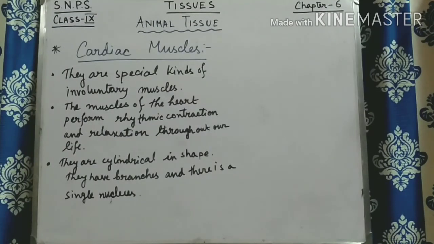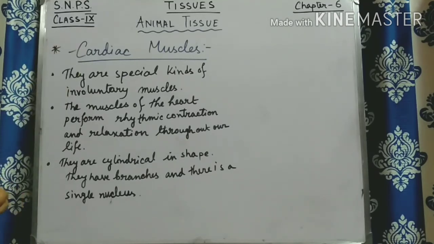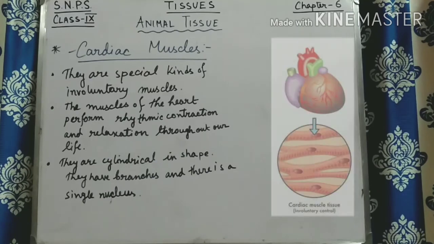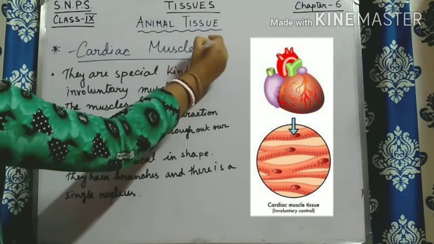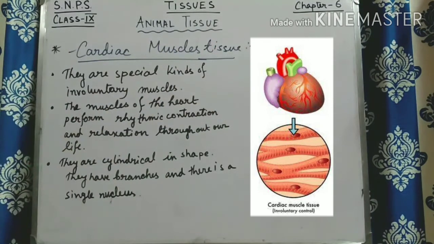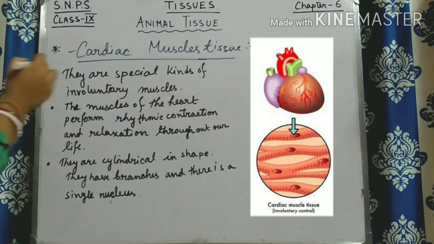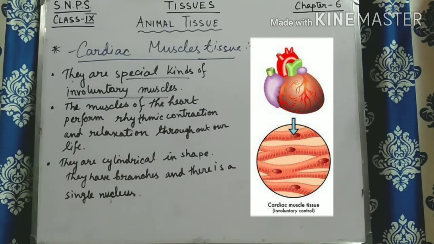The last type of muscular tissue is cardiac muscle tissue. So what is cardiac muscle tissue? They are a special kind of involuntary muscle tissue. Why involuntary?